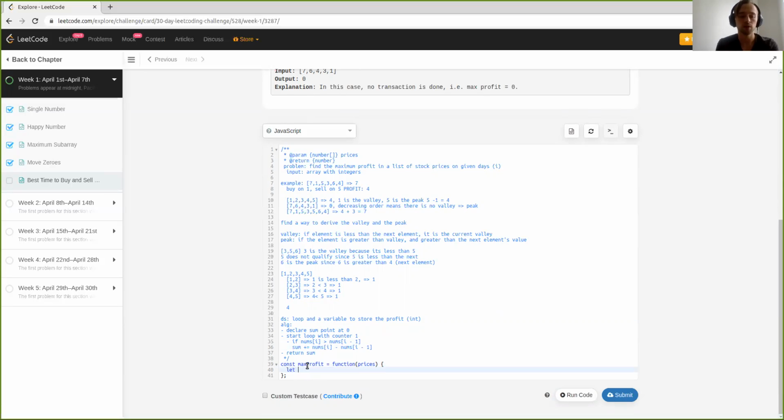Let's try that out. Let profit equal 0, for let i equal 1, i is less than prices.length, i plus plus. Then we'll return profit.